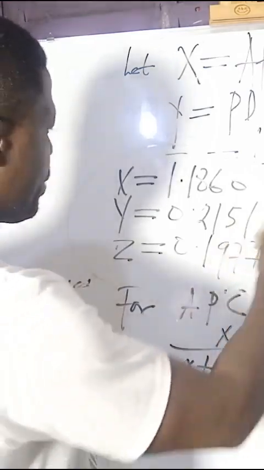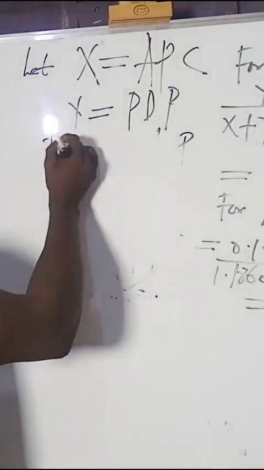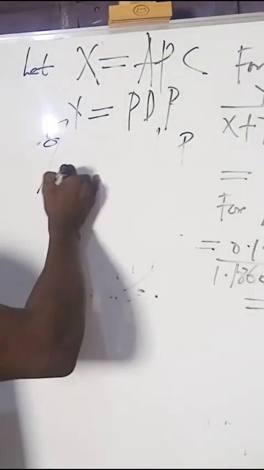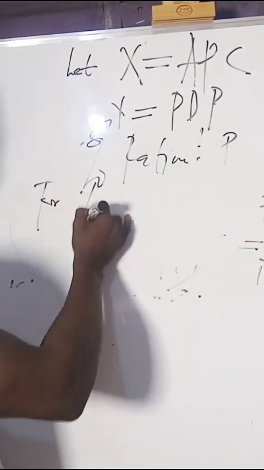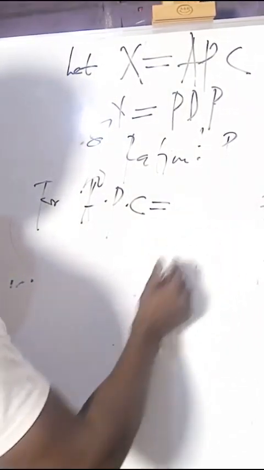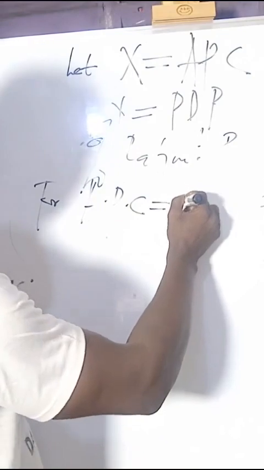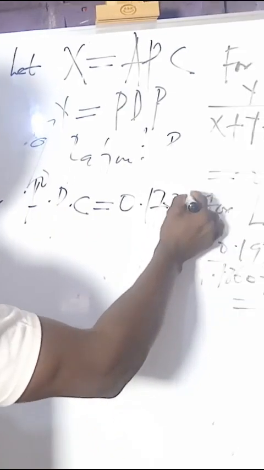So let me give you a summary of them. The percentage ratio for each of them, starting with the APC. We calculated it to be 0.1784.